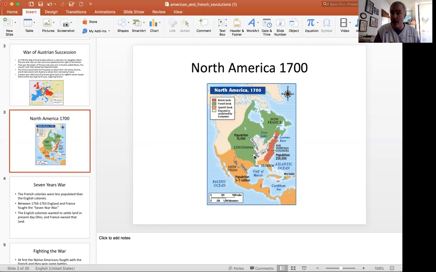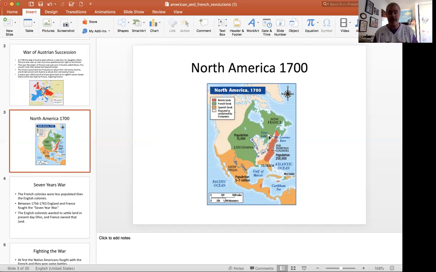They kind of thought that the Ohio River Valley was theirs, but the French never really sent settlers to live in this area. I mean, yeah, New Orleans had some Frenchmen, and Quebec up here had some Frenchmen, but there weren't a lot of French people who lived here, where the English had, at this point, a lot of people living in the colonies.